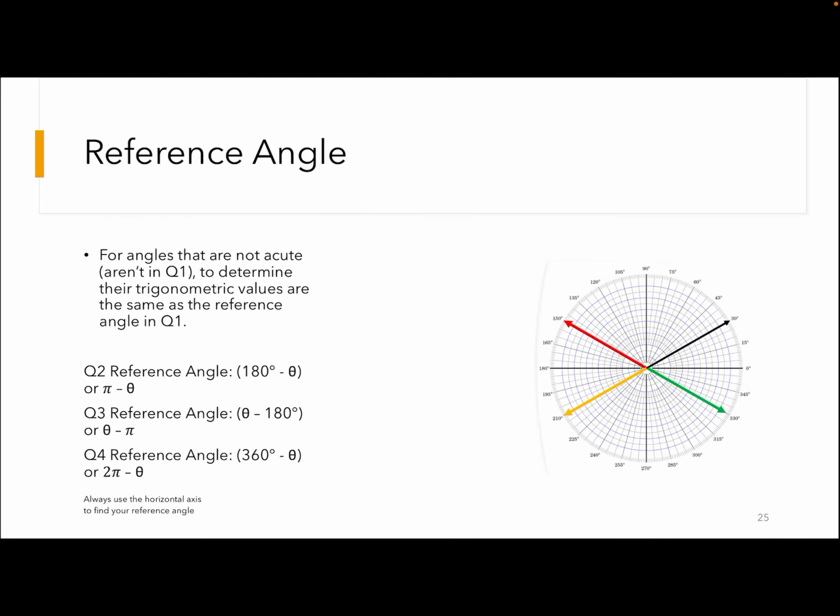So next, before we move into the trig functions for the special angles, we're going to talk about a reference angle. A reference angle is an acute angle that is the difference between an angle and the positive or negative horizontal axis. If an angle is in quadrant 2, you find the reference angle by subtracting that angle from 180.